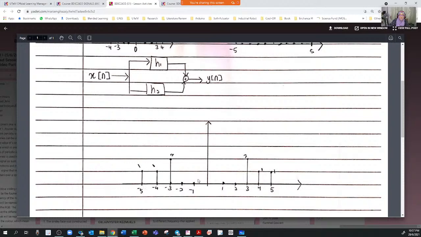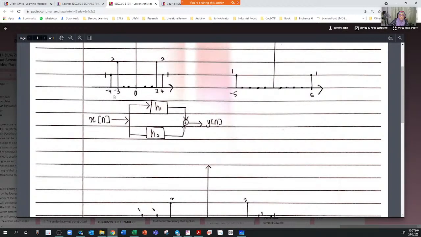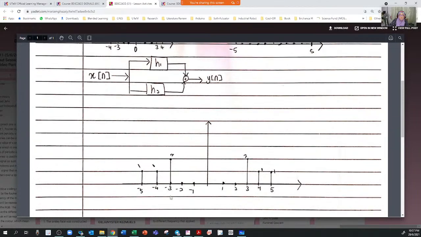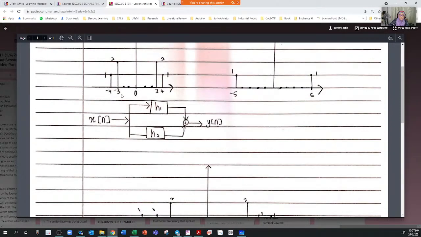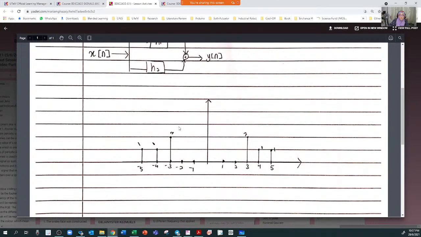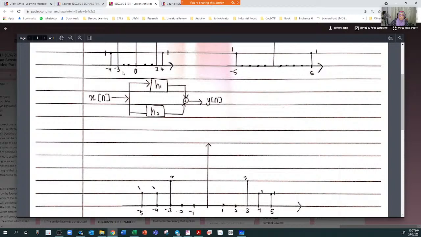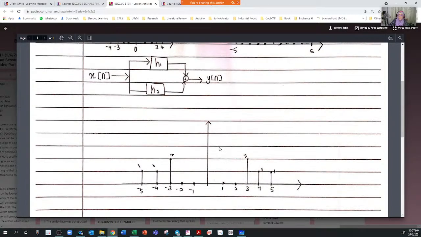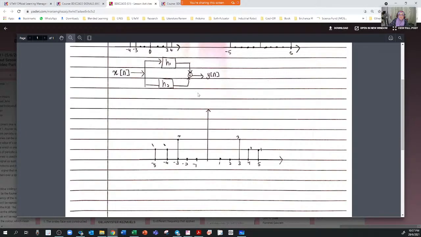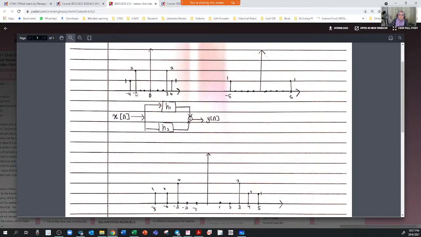At -5 you have 1. Then the next is -4, plus at -4 you have 1. Next you have -3, 2. And the rest is 0. Between -3 to 3, you get a 0 value.